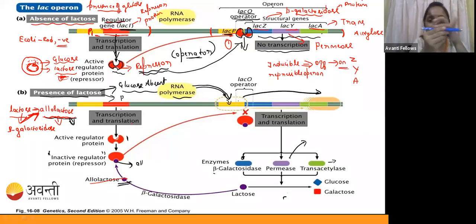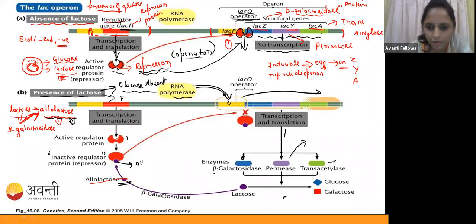Now the RNA polymerase is going to move easily through the DNA and synthesize the mRNA. So the RNA polymerase is going to synthesize the mRNA, right? So it is going to take place now.